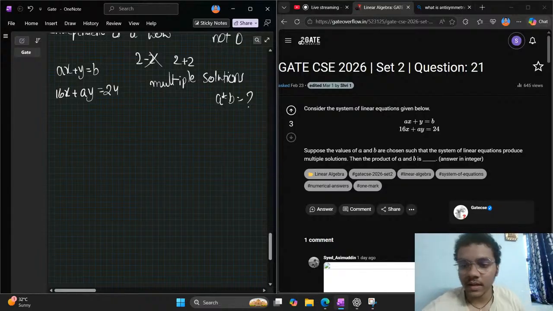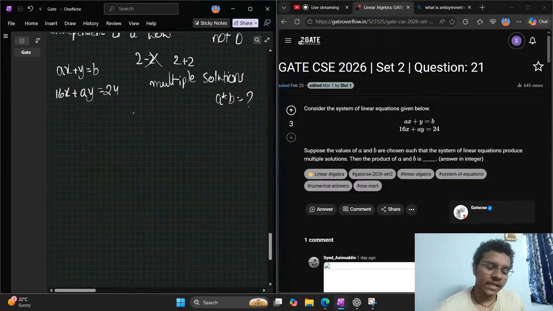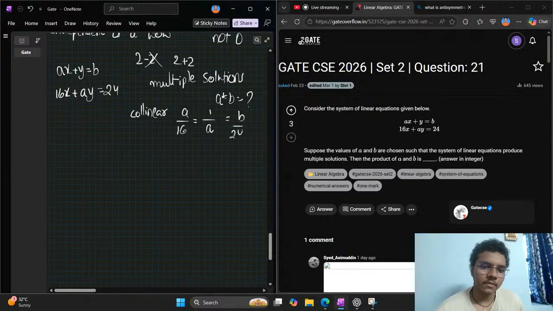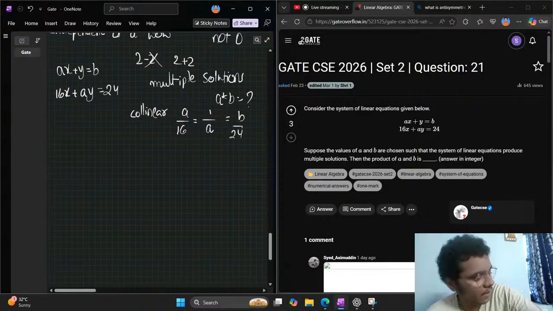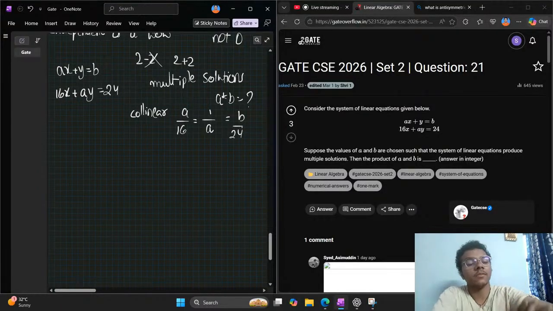So, collinear. That means a by 16 is equal to 1 by a is equal to b by 24. The rank of the matrix and all of this say the same thing.